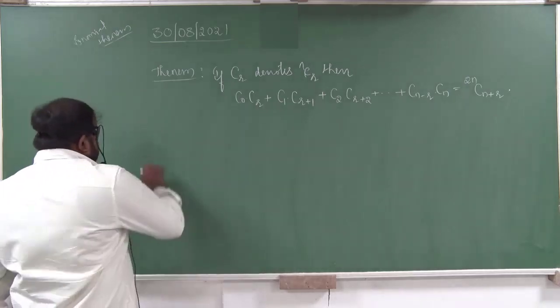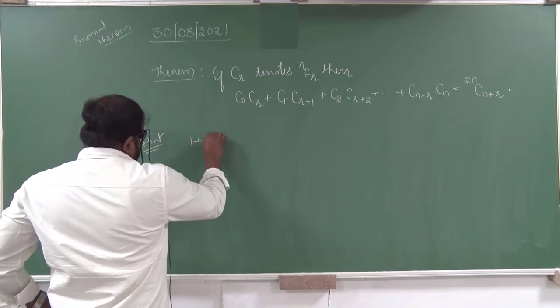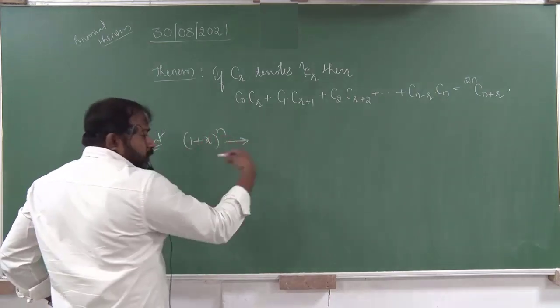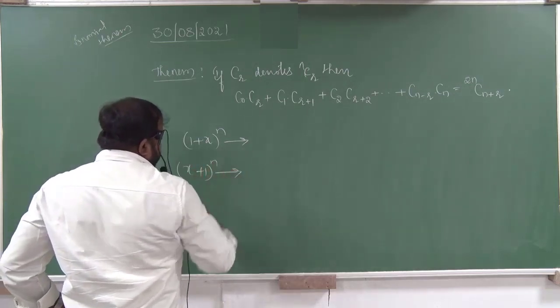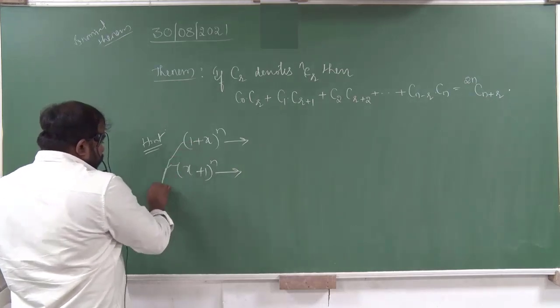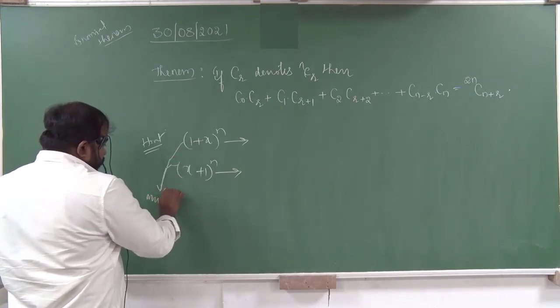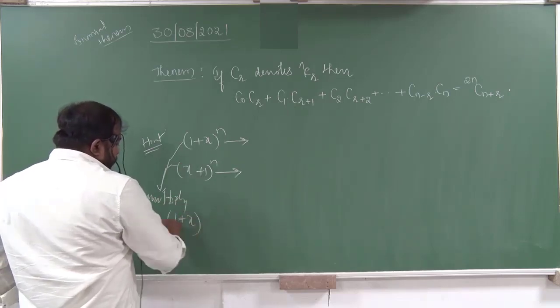Listen, ma'am. Just a hint I will give. You can try yourself. Do 1 plus x whole power n expansion. Next you can take x plus 1 whole power n expansion. These two, multiply these two. Then this side value you will get 1 plus x whole power 2n.